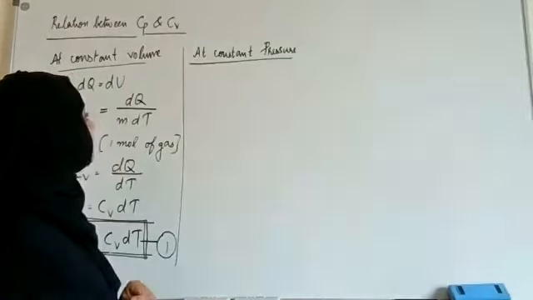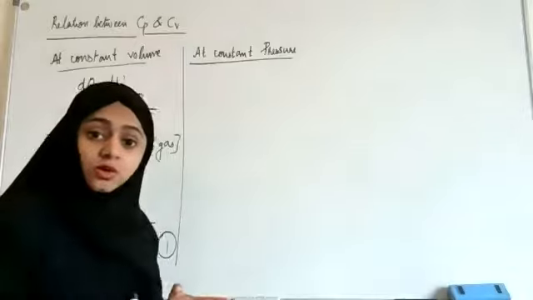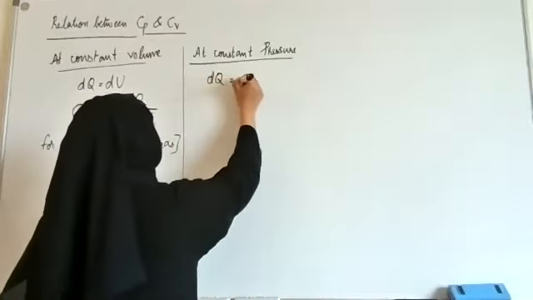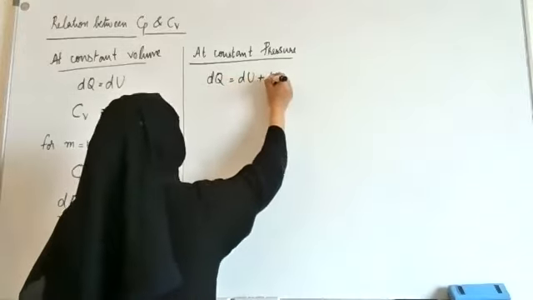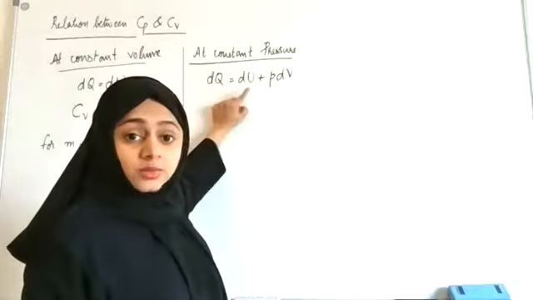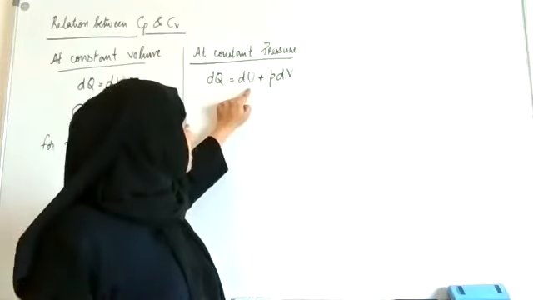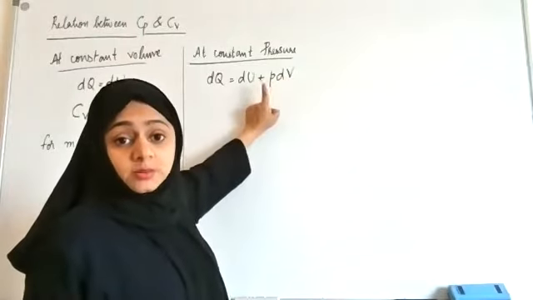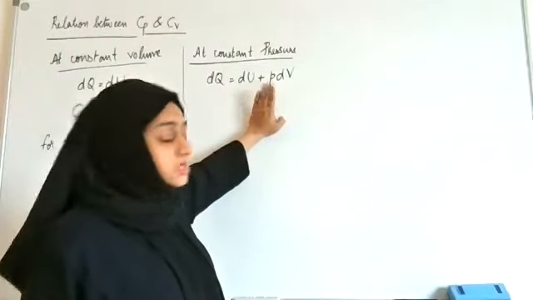Now at constant pressure, we have the first law of thermodynamics: dq is equal to du plus p dv. Where dq is the amount of heat energy given, du is the change in internal energy, P is the pressure, and dV is the change in volume. Pressure is a constant, so P stays like that.